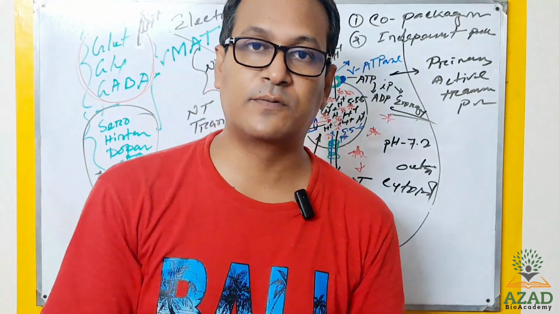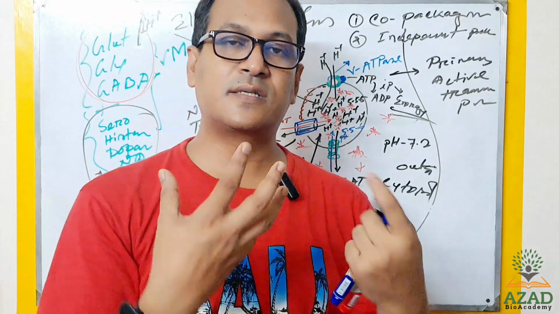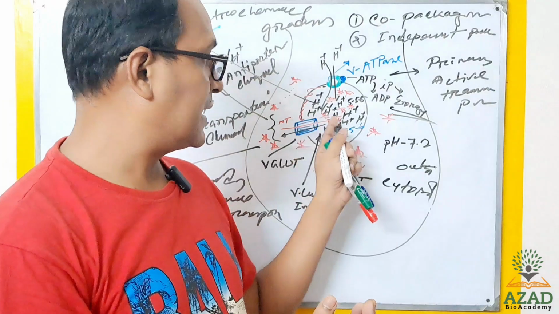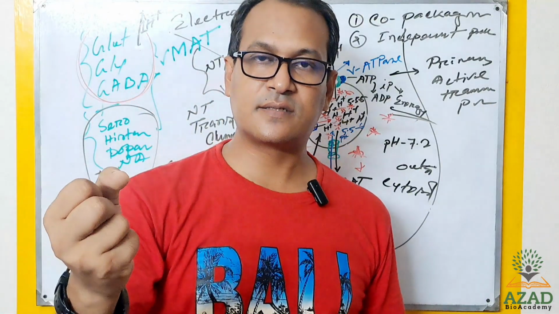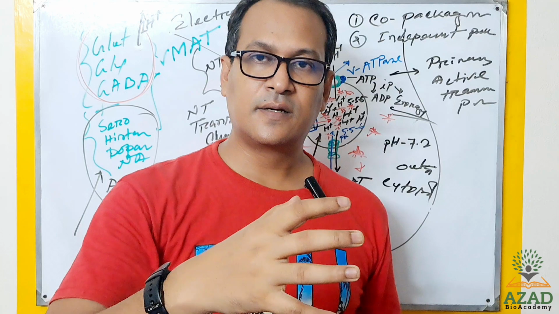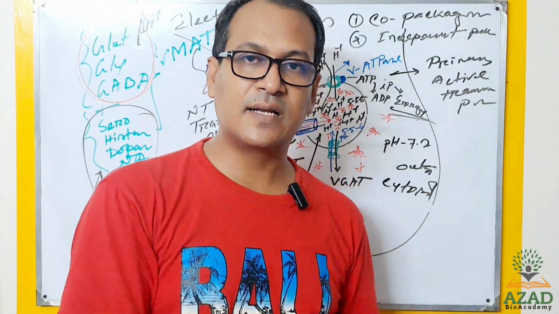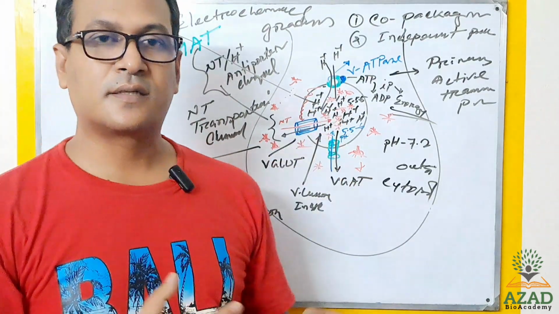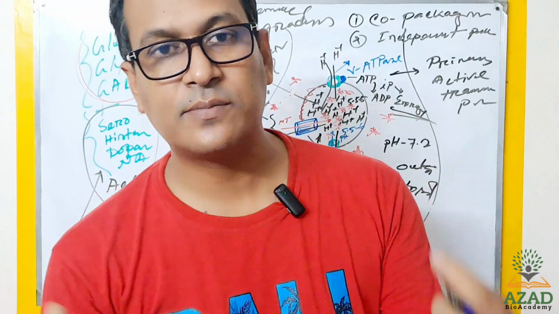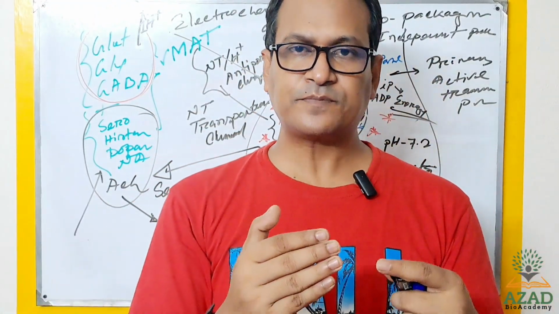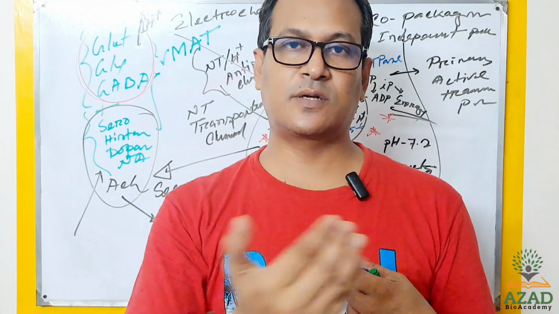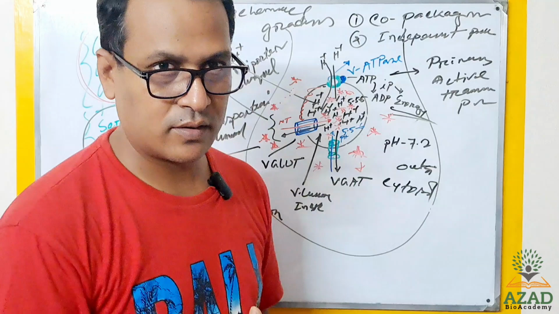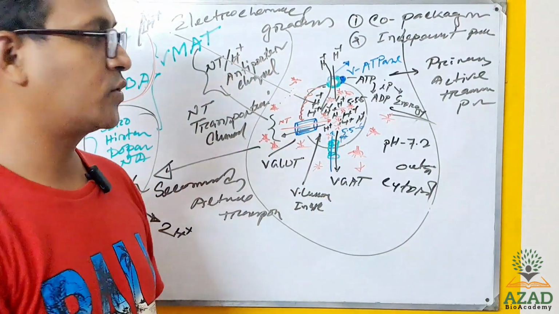That is the proton pump, and then it will create a more acidic condition within the synaptic vesicle, or you can say synaptic lumen, and that will create an electrochemical gradient. That means charge gradient and chemical gradient, the proton gradient. And finally, through this electrochemical gradient, the transporter, or precisely the antiporter channel, will open, and through this proton will exit and neurotransmitter will enter. And by this process, neurotransmitter will be loaded, or packaged, and stored within the synaptic vesicle.